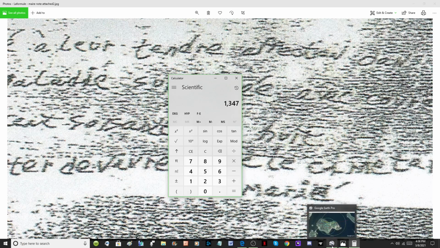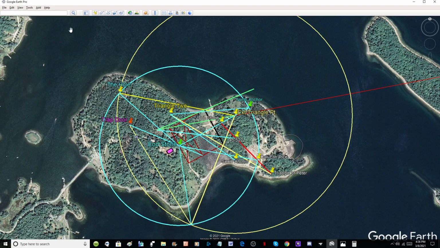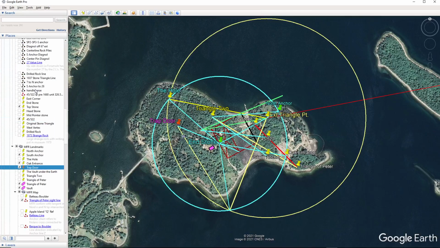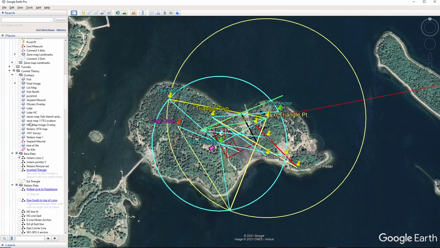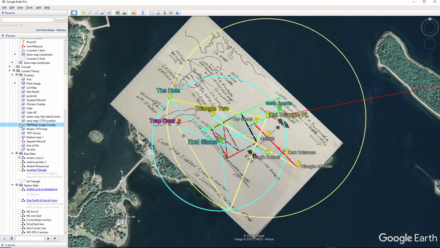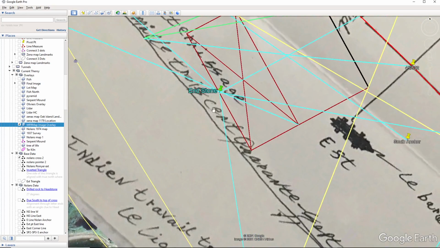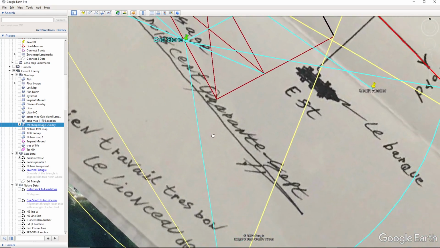I'll show you guys. Get on Google Earth, view the sidebar. Let's put up the Rochefoucauld map, and that distance is right here, 1,347.